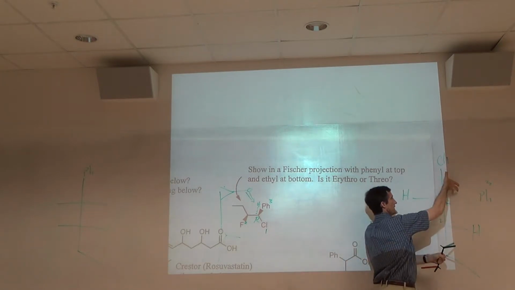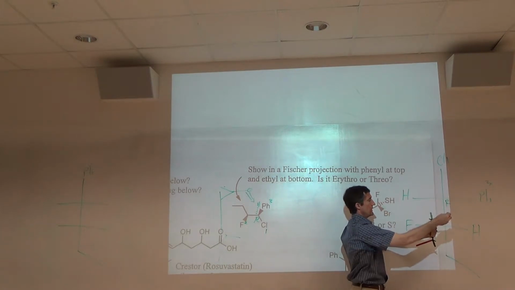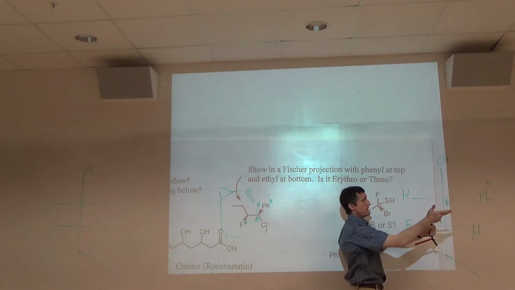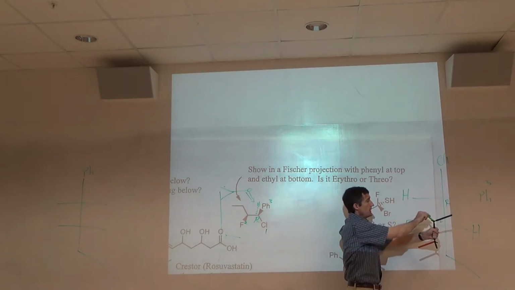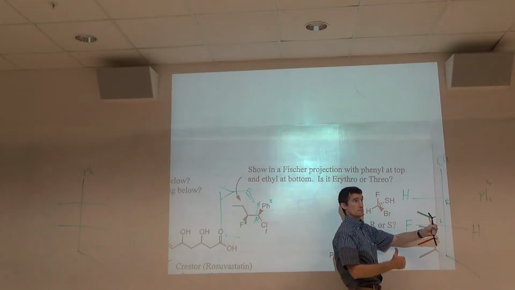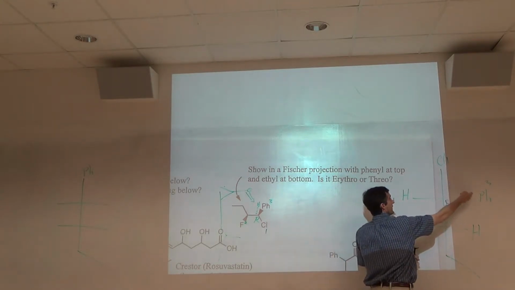Now on the board I'll do it like this. Chlorine going away. Let's make the phenyl go away, because that's how we want to draw it. The phenyl going away, what side's the chlorine on? Left. Now over here. Okay? Basically, I'll put the phenyl up here.